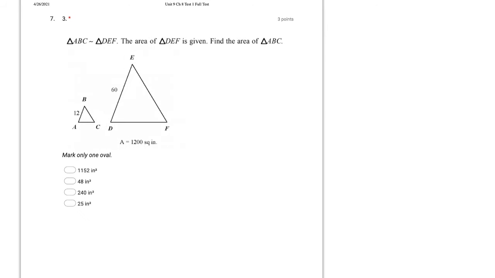The area is given for the big one. Find the area of ABC. Well, let's first find the scale factor. Okay, and I'm going to use 12 over 60. Both divisible by 12, so the scale factor is 1/5.